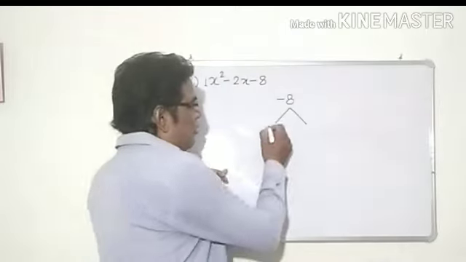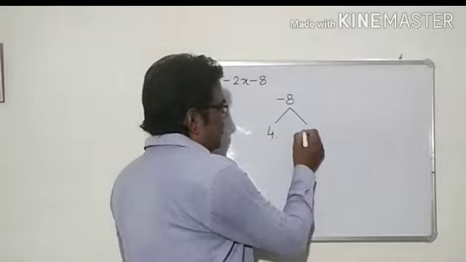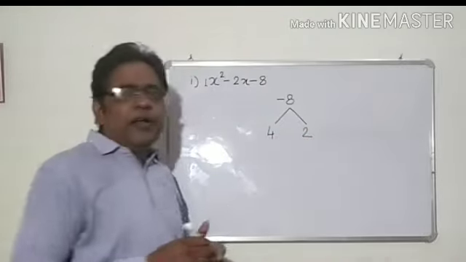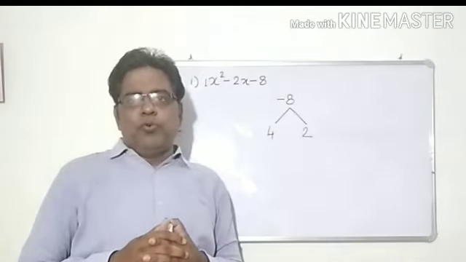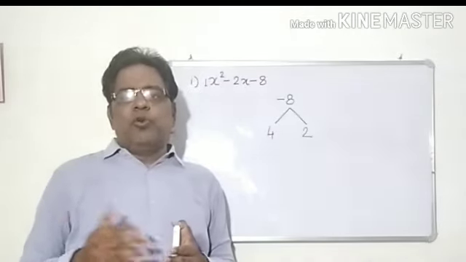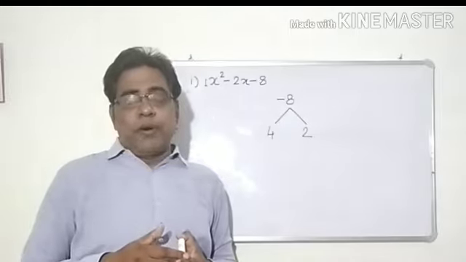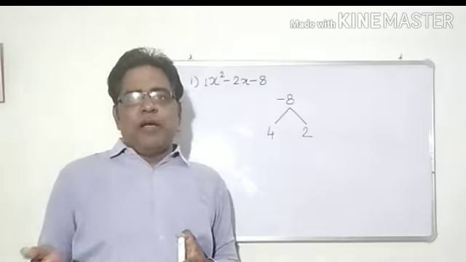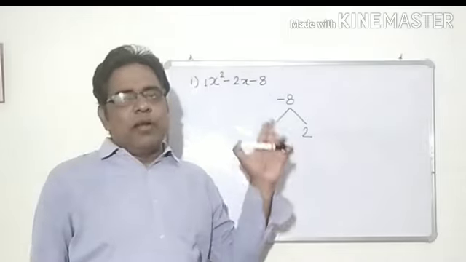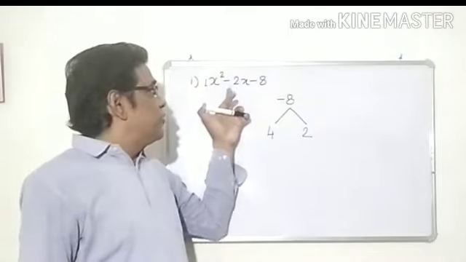Now out of these two numbers, you have to decide which will have the negative sign. If I give the negative sign to 2, then 4 into minus 2 gives minus 8. But when I add, 4 plus minus 2, that is 4 minus 2, I will get plus 2. But what we require is minus 2.